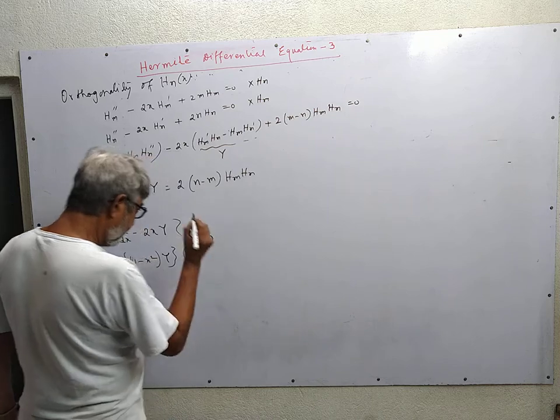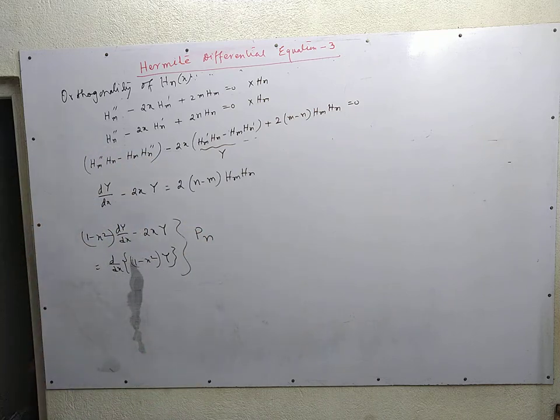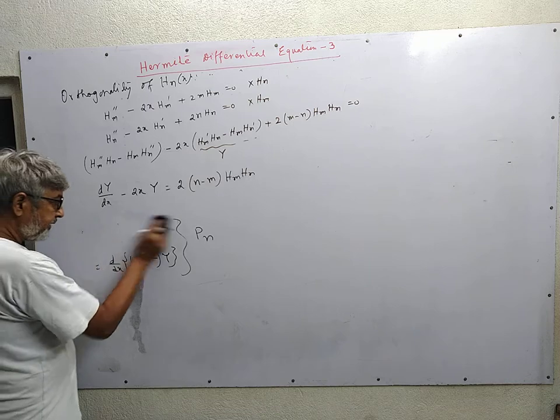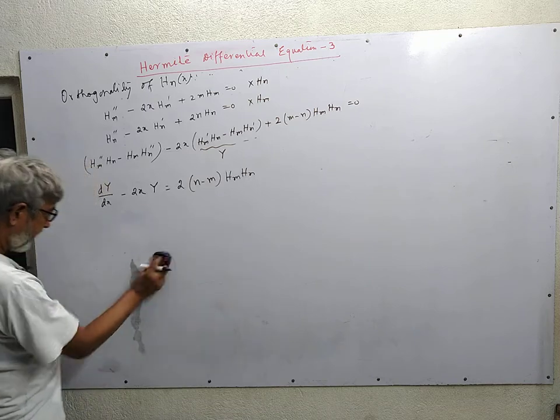For Pn, but here it is not possible. The left hand side was an exact differential for the Legendre differential equation, but here it is not. But we could make it so by introducing an integrating factor.